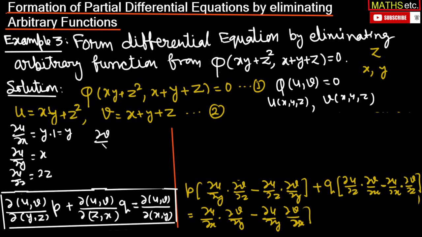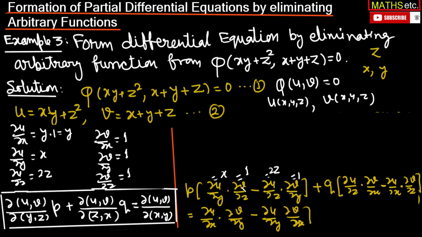Partial derivative of v with respect to x is 1, with respect to y is 1, and with respect to z is 1. So substituting all these values of the partial derivatives here, del u over del y is x, del v over del z is 1, del u over del z is 2z, del v over del y is 1.